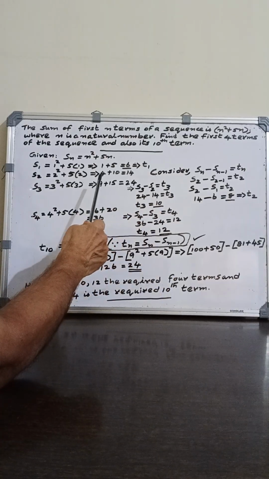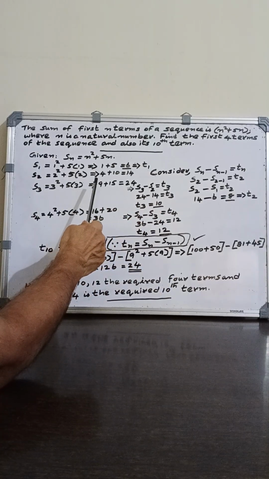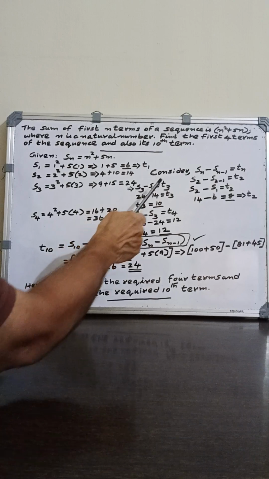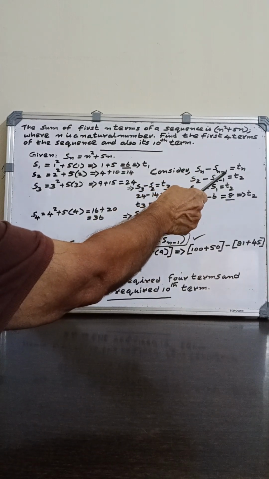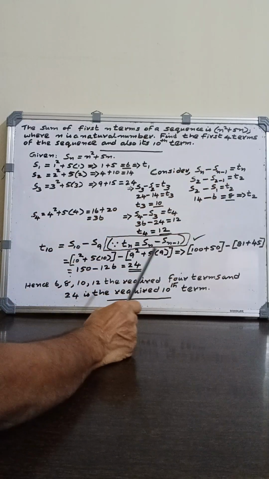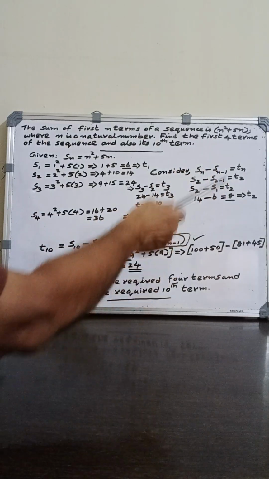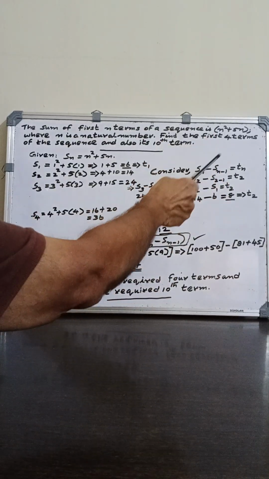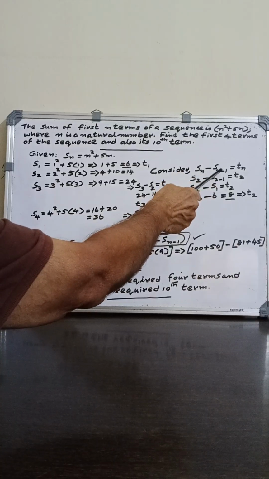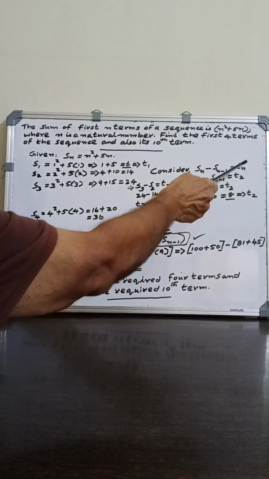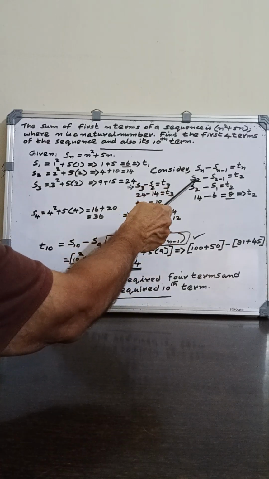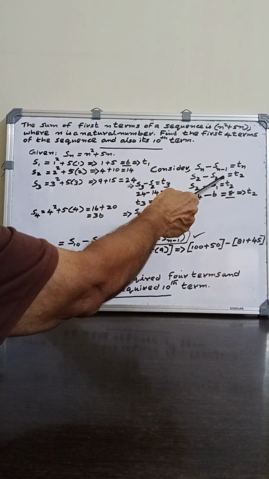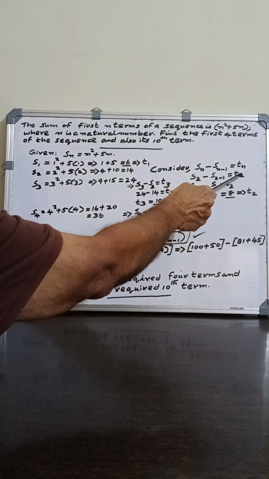From this, we have to refer to another formula. Consider Sn minus Sn minus 1 equals Tn. That is sum of n terms minus sum of one term lesser than n equals Tn. That is S2 minus S1 equals T2.